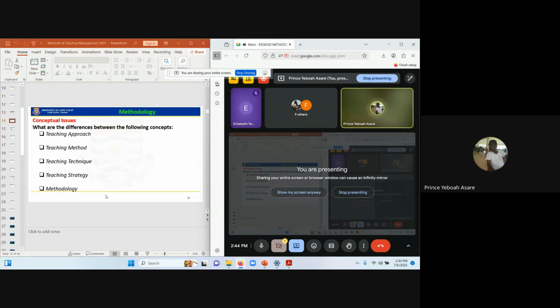You want to pay attention to the technique of instruction. You are respecting the method and the approach. If you have indicated in your lesson plan that you are going to engage in some kind of brainstorming, let us see that the technique described in the lesson plan was executed in the classroom.